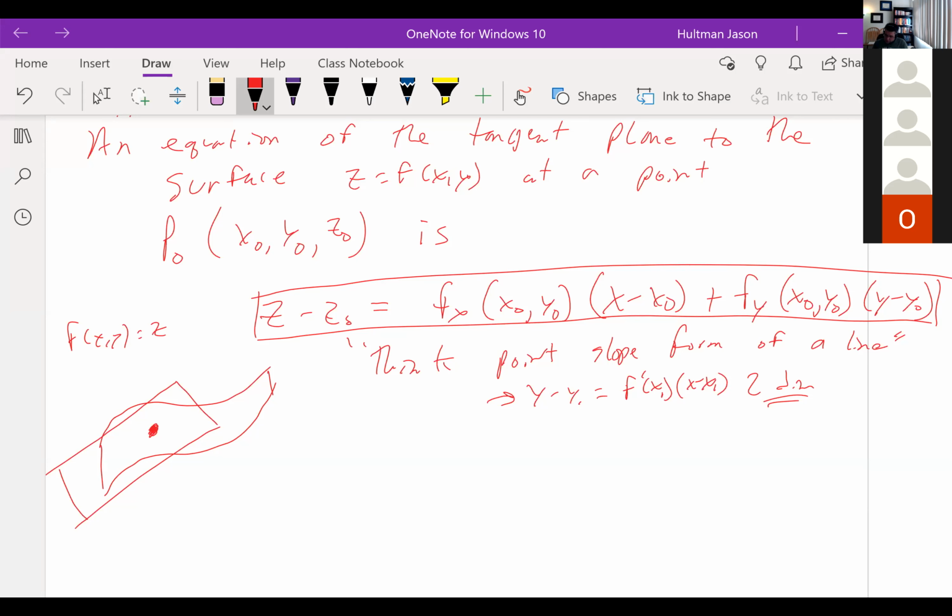There's a slope in the x direction, and there's a slope in the y direction. There's an f sub x and an f sub y. Okay, so how does z change with respect to x, and how does z change with respect to y? That will give me the total change of the surface, or the slope of this plane, we could say.